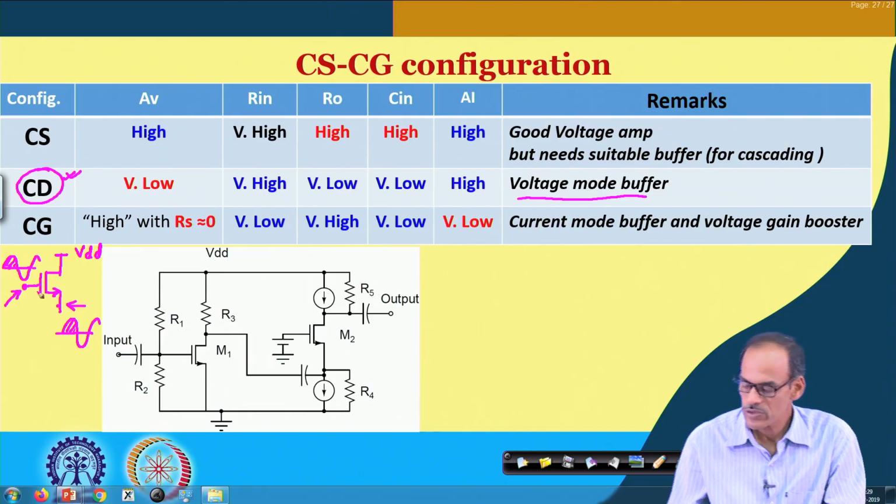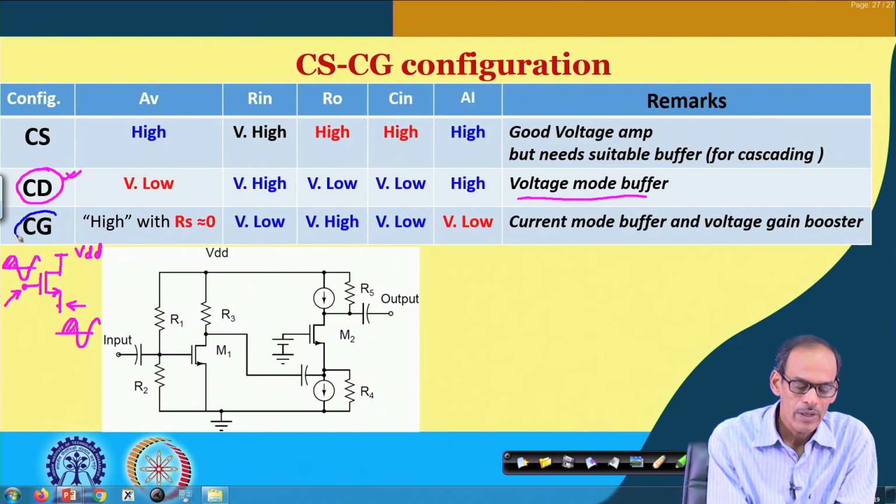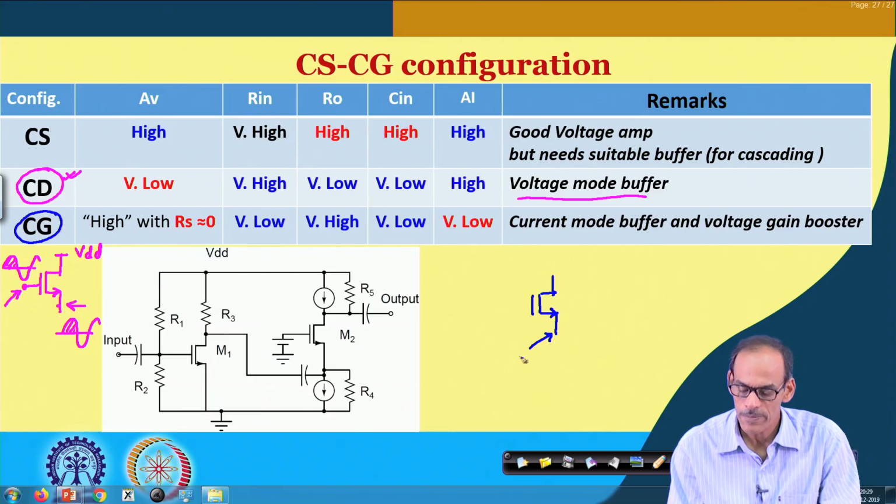Likewise, for the common gate circuit, the signal we feed at the source node is the input port, and the gate is connected to a DC voltage which is AC ground. Then we observe the corresponding signal at the drain terminal.